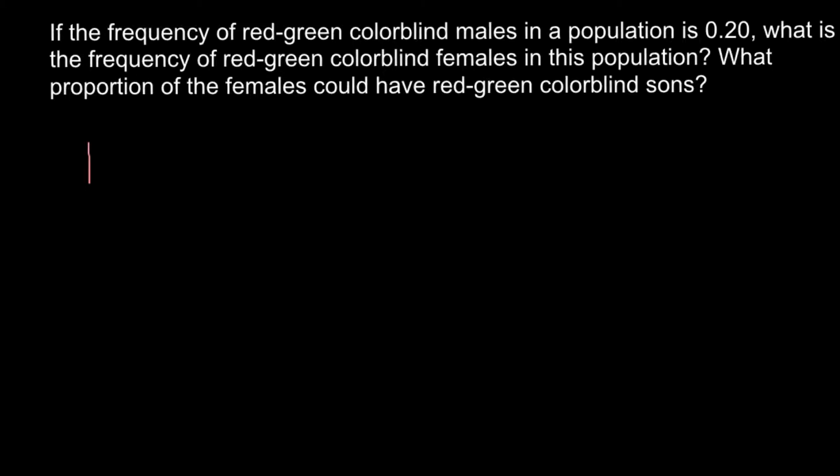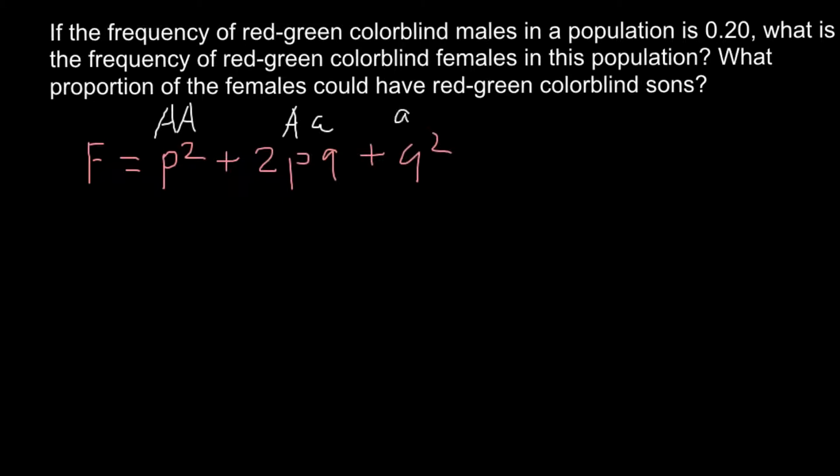So F here stands for the frequency, and the frequency of the three genotypes would equal P squared plus 2PQ plus Q squared, where P squared stands for the homozygous dominant genotype, 2PQ stands for the heterozygous genotype, and Q squared stands for the homozygous recessive genotype.